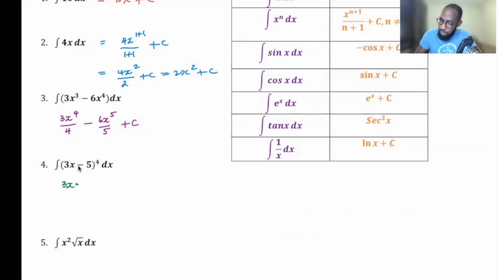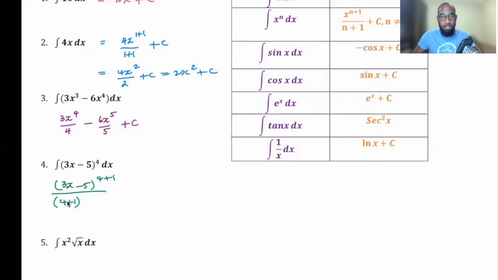We put 3x minus 5, let me write that a little better, to the power 4 plus 1 over 4 plus 1. So you write power 4 plus 1 divided by power 4 plus 1.